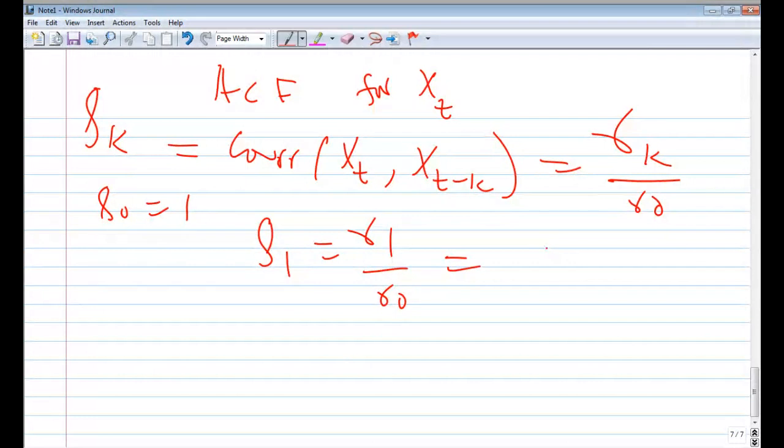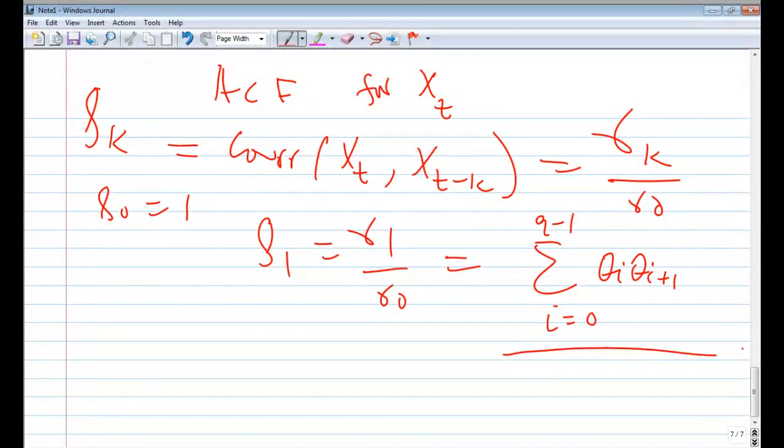If you still recall, it is the summation, I starting from 0, of theta I theta I plus 1, up to q minus 1, divided by the summation of I starting from 0 of theta I squared to q, provided theta 0 is equal to 1.